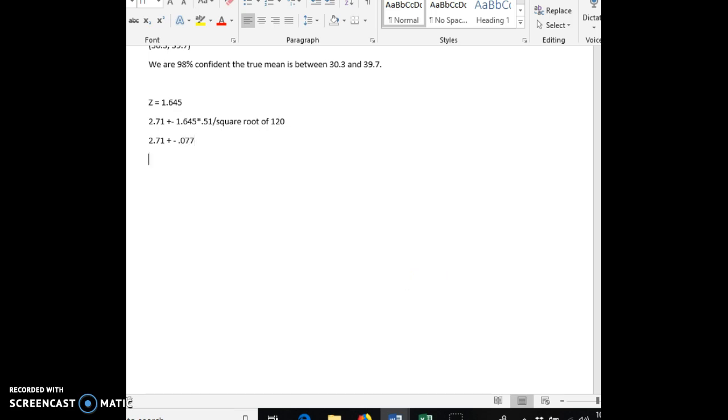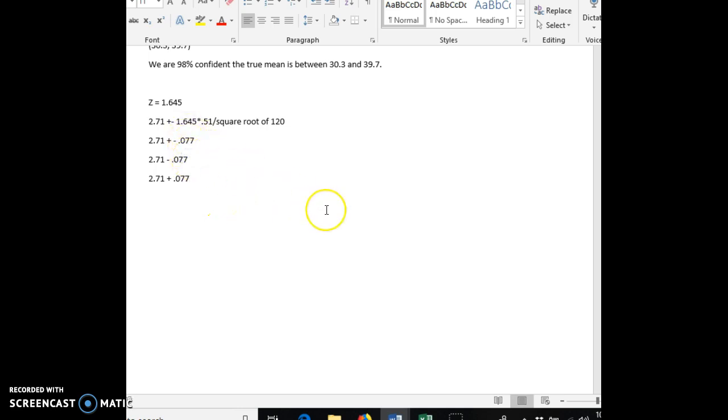So now we've got our two calculations: 2.71 minus 0.077 and 2.71 plus 0.077. And notice I went out 3 decimal places because my original data is out to 2 decimal places, so I'm taking it 1 decimal place further.